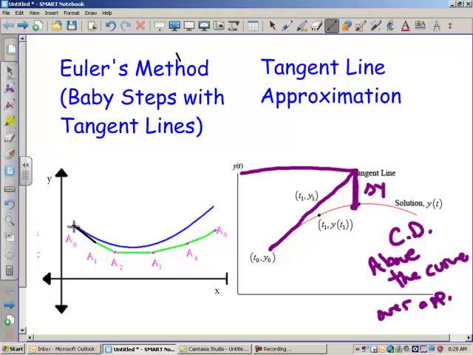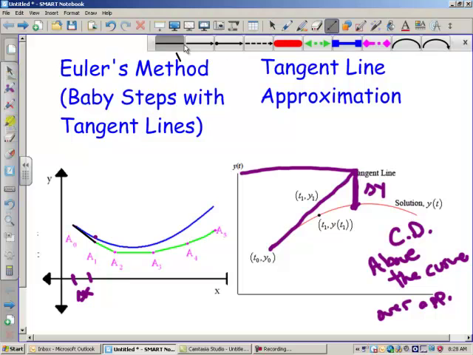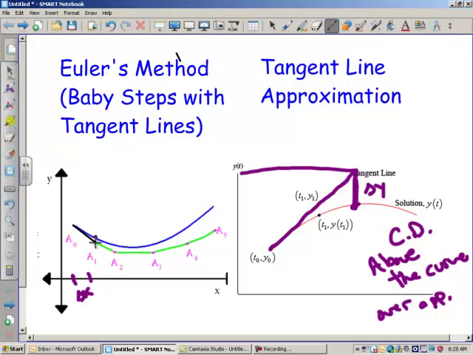So this tangent line had the slope at a, but we're going to call this a step size of delta x. Then Euler's method says stop right there and then do a new tangent line, except I want you to follow the slope at this new point. And so we follow a different slope at this new point, and we change our slope, and what we end up doing is we stay closer to the curve.